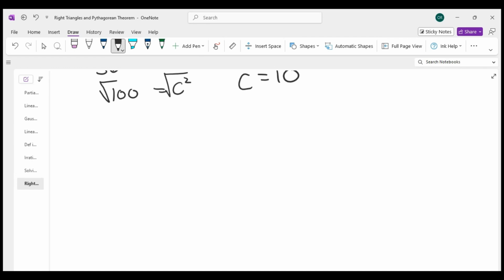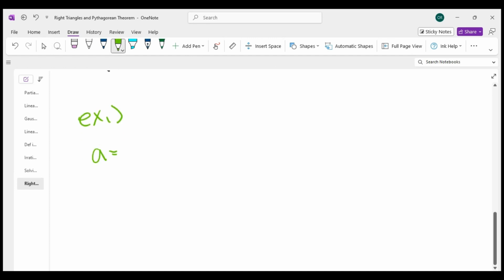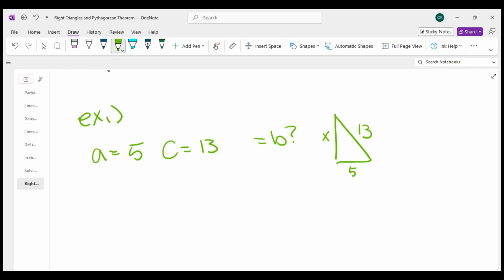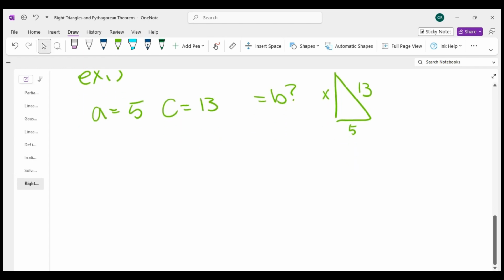Let's try finding something other than c. Let's try to find b. So let's say we have a equals 5, c equals 13, and we're trying to find b, right? Our triangle would look something like 13, 5, and x. So we're just going to plug this in. We're going to have 5 squared plus b squared equals 13 squared.